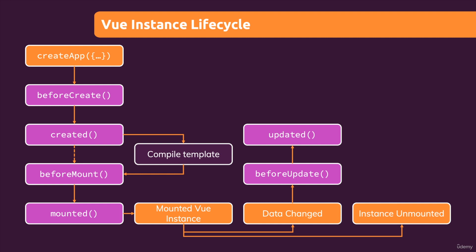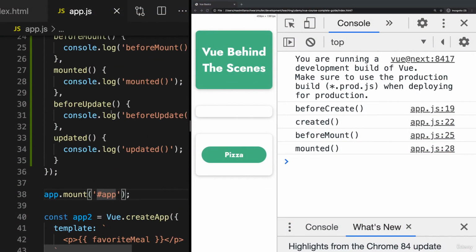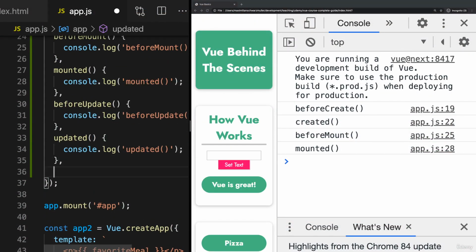Now, as mentioned before, we also can unmount a Vue app even though we haven't done this thus far. We then trigger the beforeUnmount and the unmounted hooks. And as also mentioned before, this unmounting process will become more relevant later. Nonetheless, let's see it in action now already.